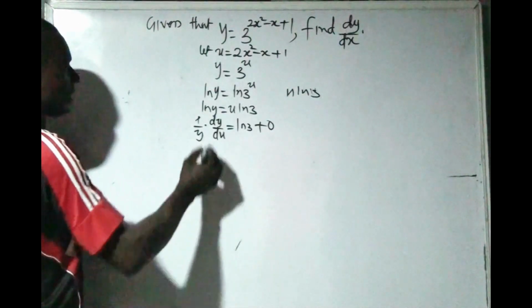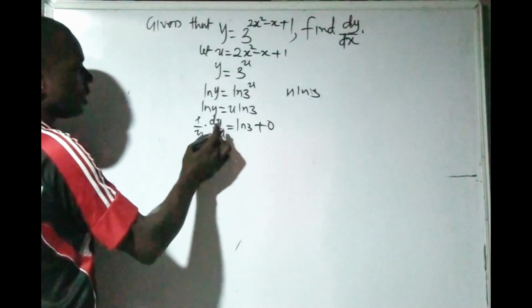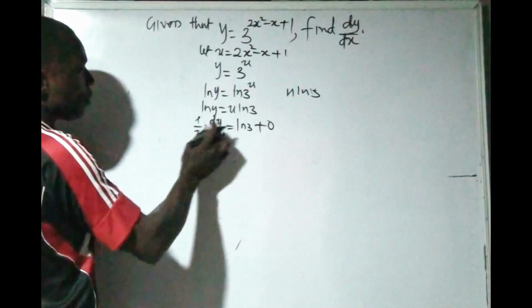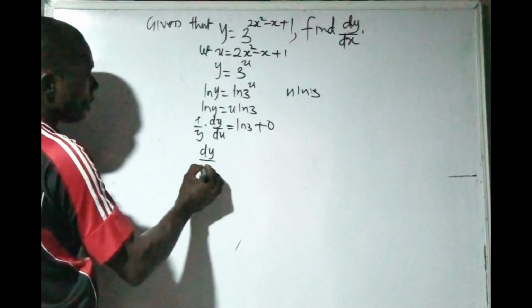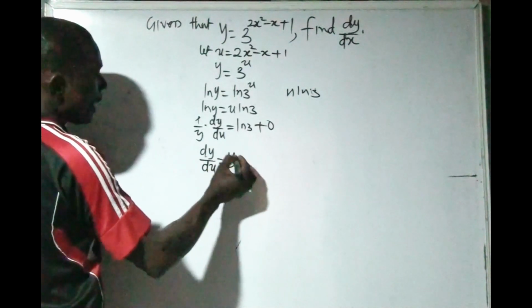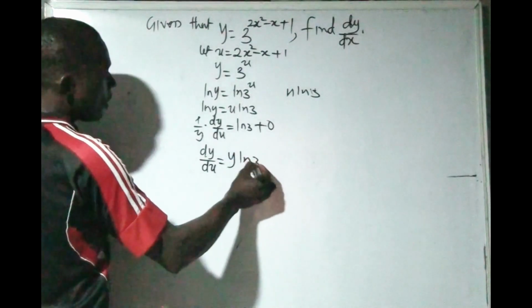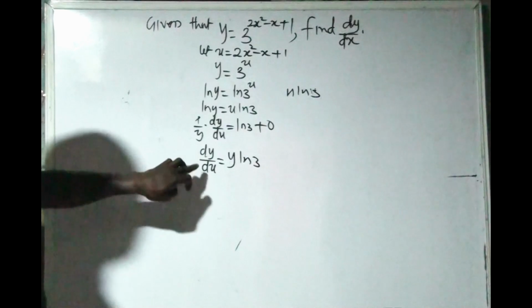Now that has been done, so what we have is 1/y dy/du equals ln 3. If we multiply both sides by y, this becomes dy/du is equal to y ln 3. So we're able to obtain dy/du.